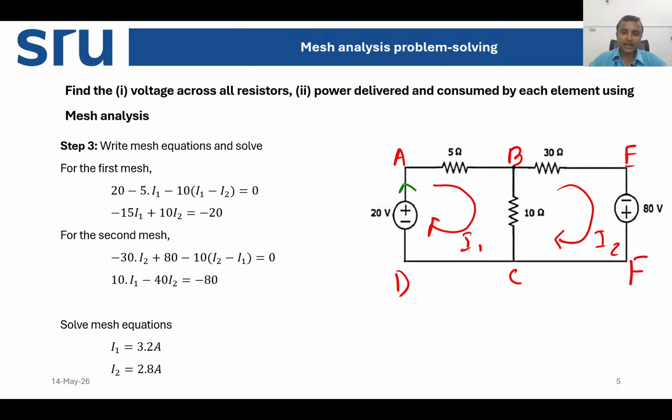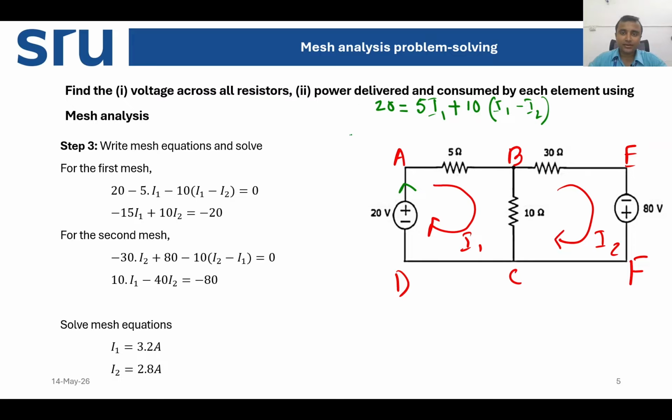Now as the current is coming out of the 20 volt source, you can write down 20 is equal to the drop at the 5 ohm resistance, which is 5 times I1, plus the 10 ohm resistance, so 10 multiplied by, since we are considering the A, B, C, D loop, I1 minus I2, as the influence of the I2 current is also there on this 10 ohm resistance.